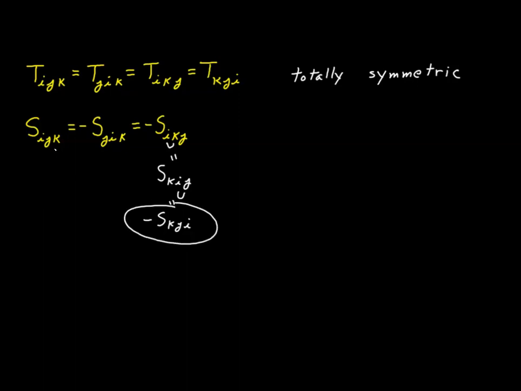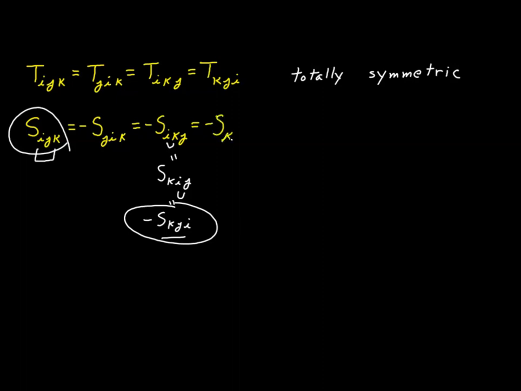But now this is equal to this. And it looks like when we flip i with k here, we're going to get this, which means we have to add that to our equation as well. Meaning if the expression is anti-symmetric with respect to i and j and j and k, it must also be anti-symmetric with respect to i and k.